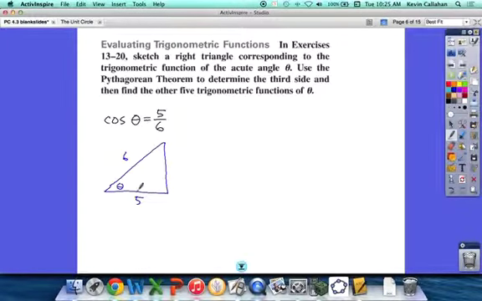So once you've labeled it, now you can use the Pythagorean theorem to find the missing side. This one is the square root of 6 squared minus 5 squared, which is the square root of 11.